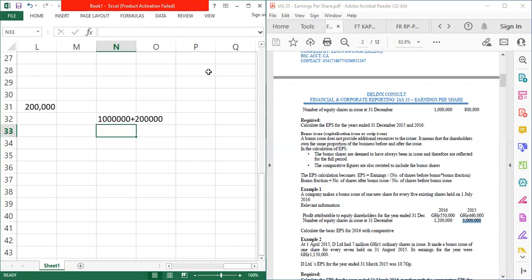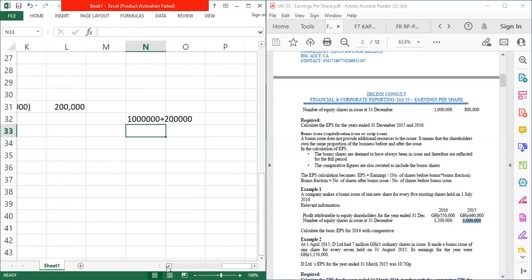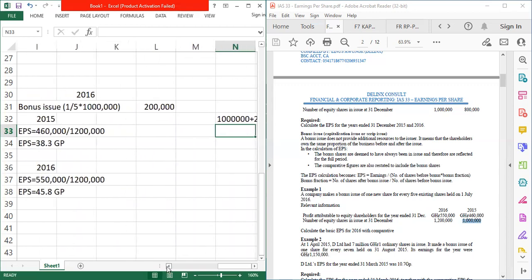Why are we dividing the 2015 by 1.2 instead of 100? The 2015 number of shares, is it not 1 million?